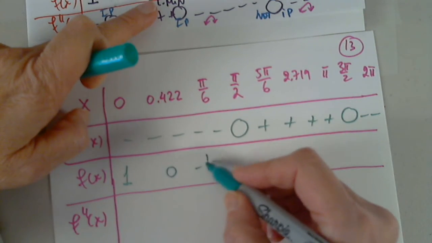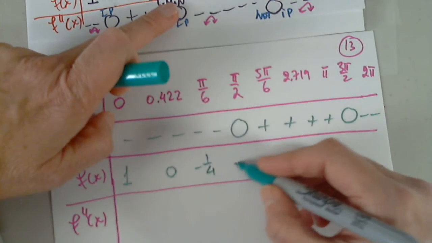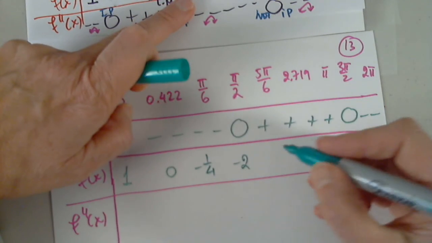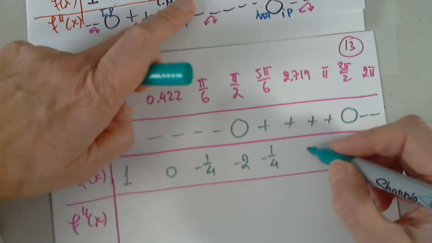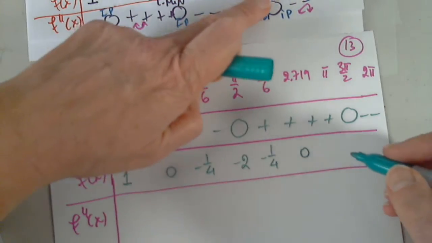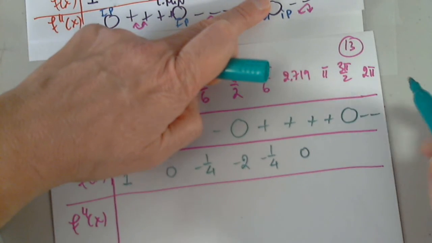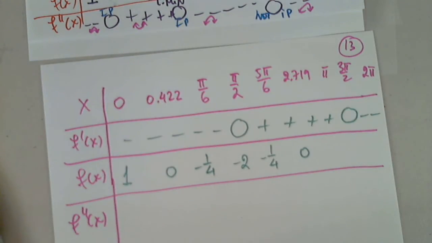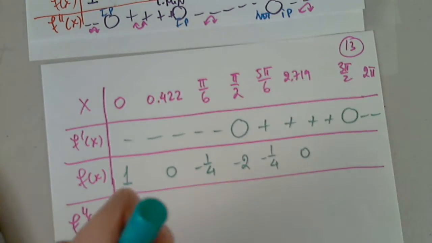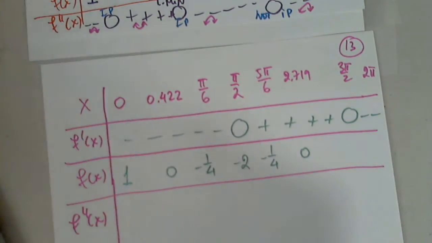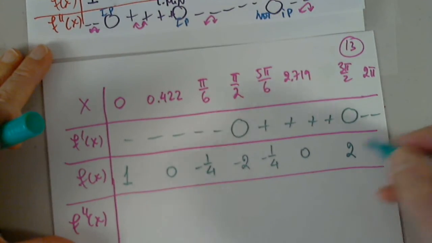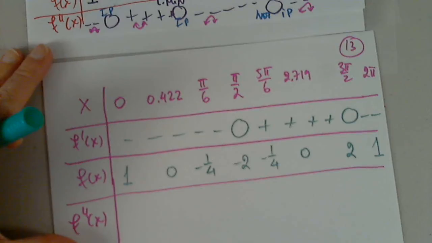We have negative 1 over 4. We have negative 2. We have negative 1 over 4. We have 0. We have nothing at pi. I don't even want it there then. I should have not put it in. We don't have anything at pi. I needed it to establish the distance between. And this is a 2, and this is a 1. Okay.